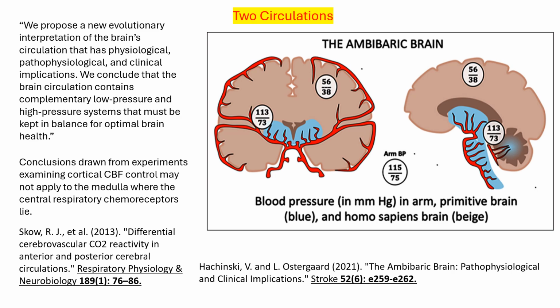We will see that evidence later. Recall that the central respiratory chemoreceptors are located in the older part, and so the control of blood flow may differ from that in the cortex. However, blood flow control in the medulla remains poorly understood, in contrast to that of the cerebral cortex.